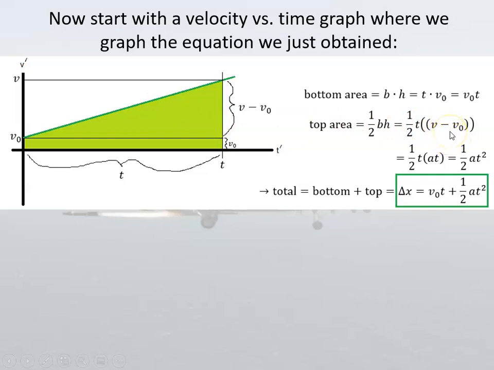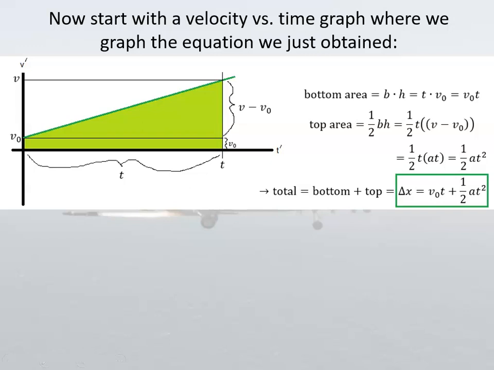So if you drop an object from rest over a cliff and neglect air resistance, you see that the distance traveled is going to be proportional to time squared. So that's a really big deal, the fact that it's undergoing constant acceleration.